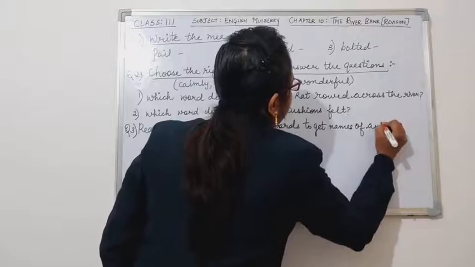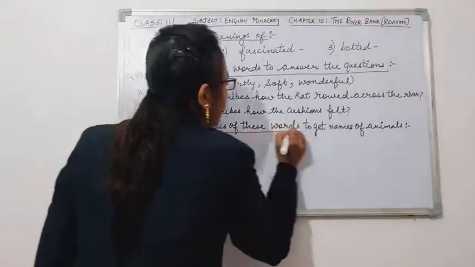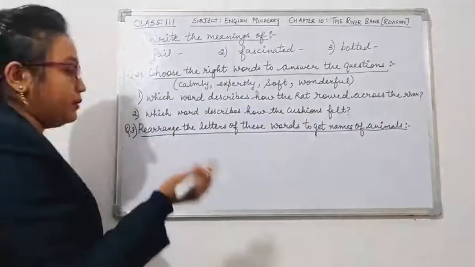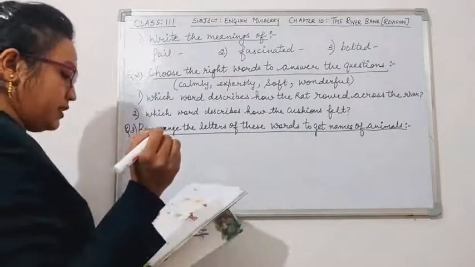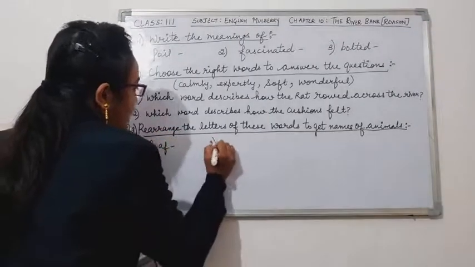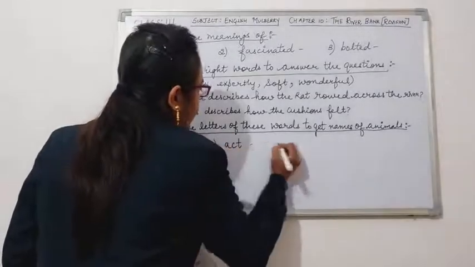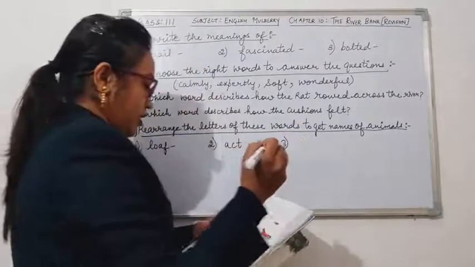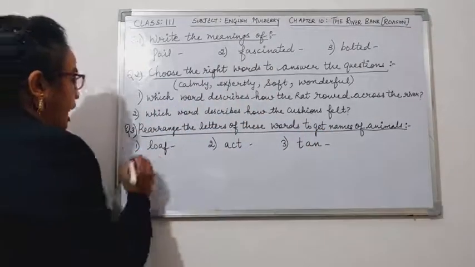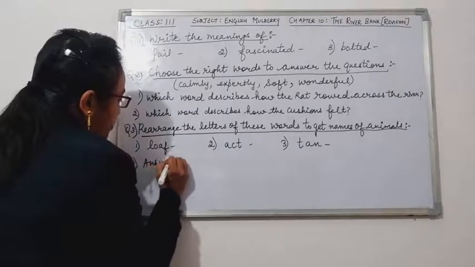You have to make anagrams. You have to rearrange the letters of the given words so that you get another word which is the name of an animal. So first word is LOAF. Second, ACT. And third, TAN.